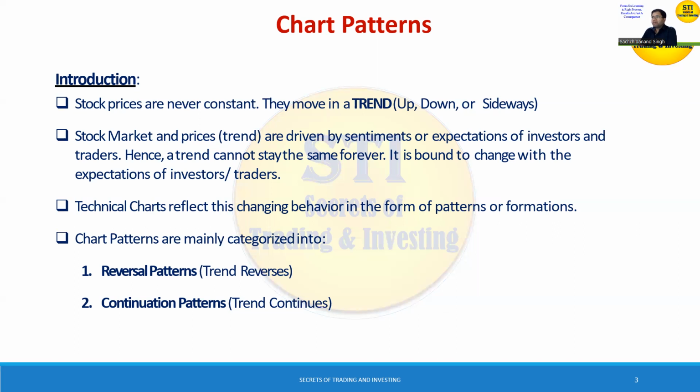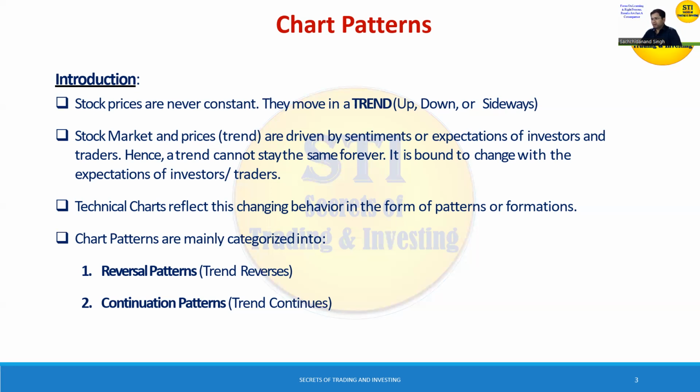These movements happen because of people's psychology or sentiments, or we can say the expectation of the investor or the trader. It could be an individual or any organization, any big company, sometimes called HNI, high net worth individuals, or any particular organization or banking system. So those are the different kinds of investors and traders in the stock market.